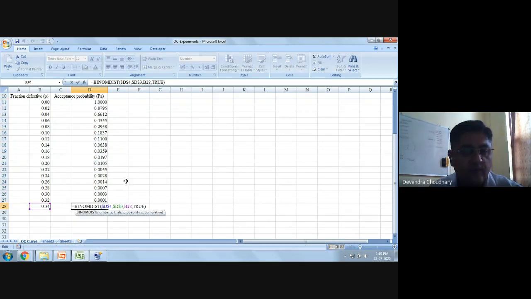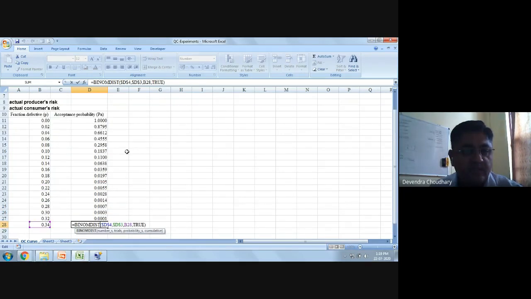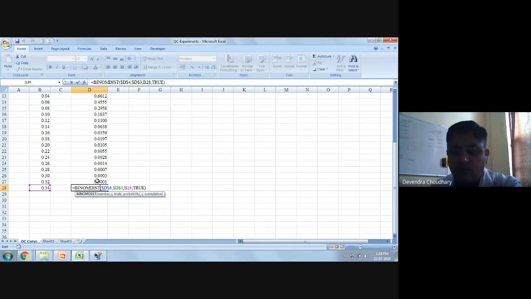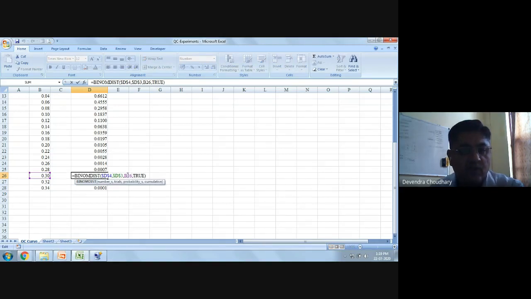You can click here and you can see anytime that the sample size and acceptance number are the same, only the p value is varying. You can click on the enter key, and these color combinations give you what values you have chosen.